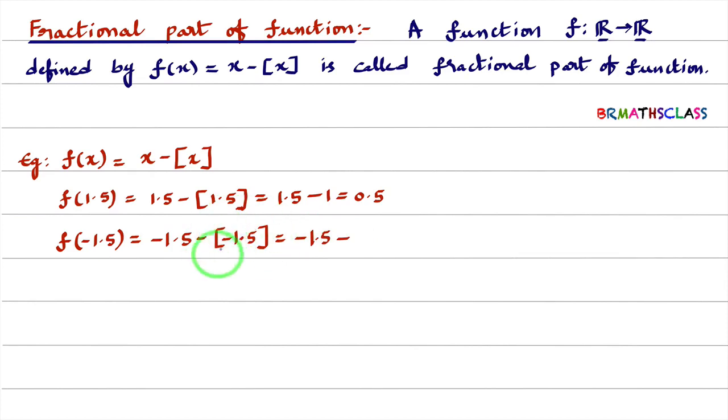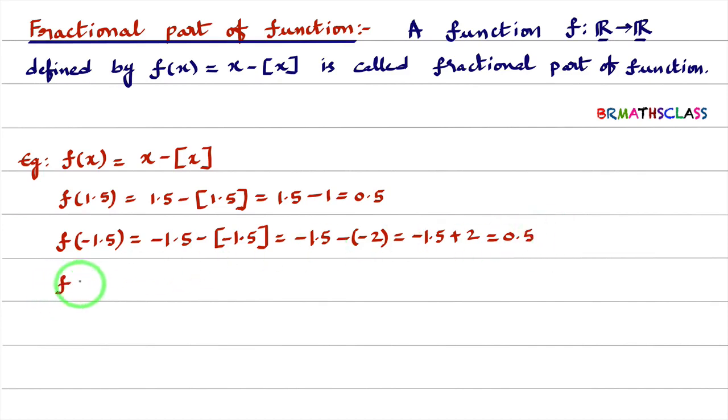In previous classes we learned step minus 1.5 is minus 2. So if we simplify this, you will get minus 1.5 minus of minus 2, which is plus 2. This is 2 minus 1.5, and 2 minus 1.5 is 0.5. You observe this answer is less than 1 and greater than 0.